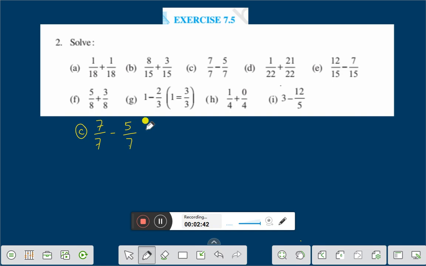Here you see the denominator is same, therefore 7 is the LCM. 7 minus 5 is equal to 2. The answer is 2 by 7. This is the answer of question number C.